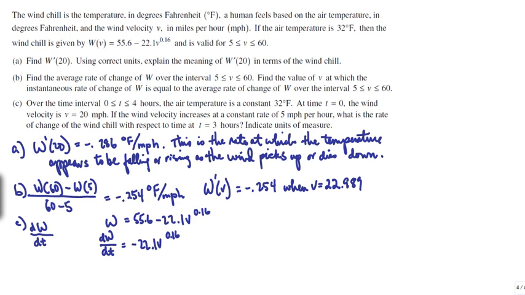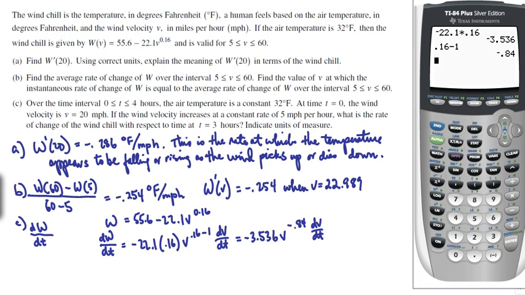And the way we'll do that is bring down the 0.16, then we want to reduce 0.16 by 1, and remember in the end to multiply by dv dt, like so. We'll simplify a bit, and that gives us something like negative 3.536 v to the negative 0.84 dv dt.